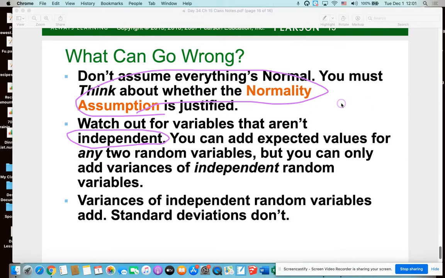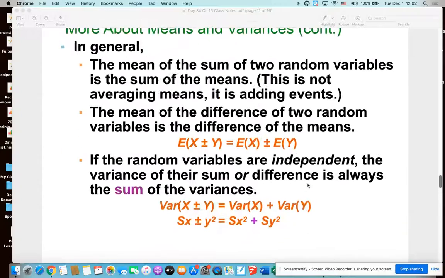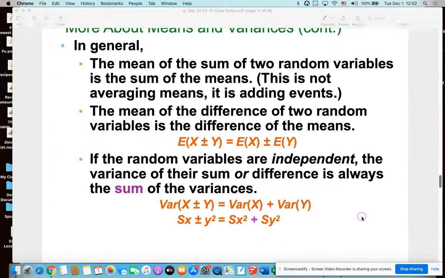You just have to check. You just have to say, yes, there's no reason to believe that one of these affects the other. And I do have every reason to believe that the height of a person is normal in shape, right? You just have to acknowledge these two things, and then you can go ahead and use all these formulas for addition and subtraction of continuous random variables.